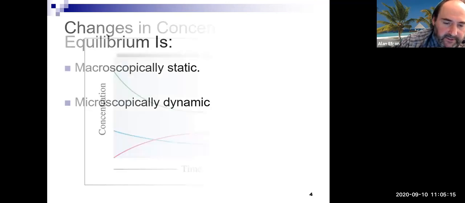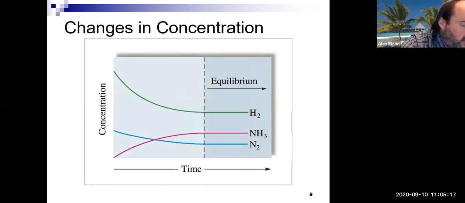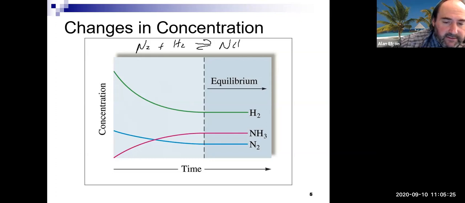So if we look at a graph here, this is actually the formation of ammonia, which is what we saw there: N2 plus H2 make some NH3, and maybe a 2 there and a 3 there. When this reaction first occurs, we pretty much have 100% our reactants, as you can see in the picture at time 0.